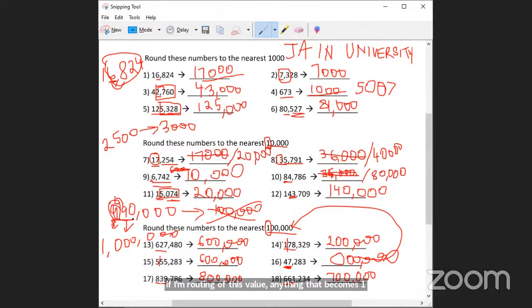See, if it is 990,000 and I want to round it off, I'm going to take it as 1,000,000. Or if I'm rounding off the 10,000's place, I also have to round off the next 1,000 because it's in 90s. So I cannot round off this value. I can round off only the next value. What is the nearest round off value of 90? It's going to be 100. The same way, for this 90, I have to change this number.